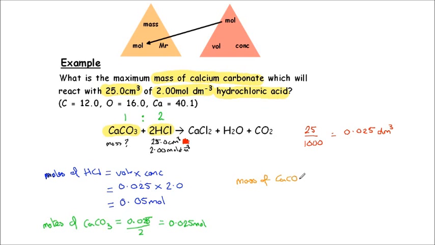The mass of calcium carbonate is going to be the moles times by the relative formula mass, the Mr, which is going to be 0.025 times by, when you work it out, you get 100.1, which equals 2.5025 grams. And that is the maximum mass of calcium carbonate, which will react with that then.